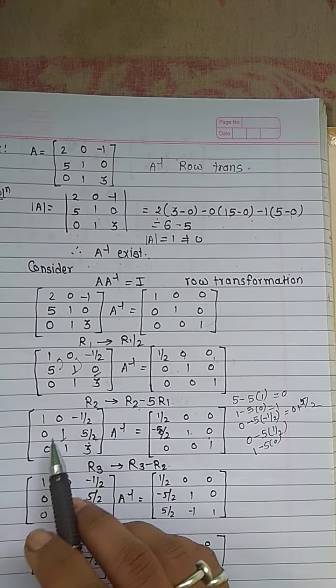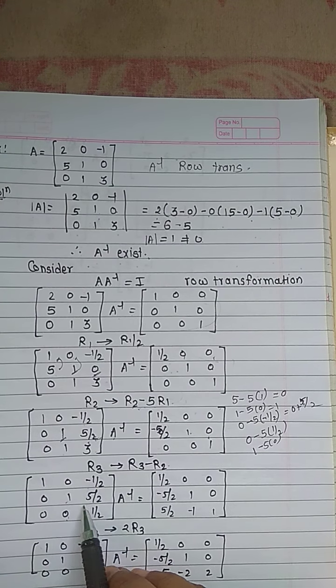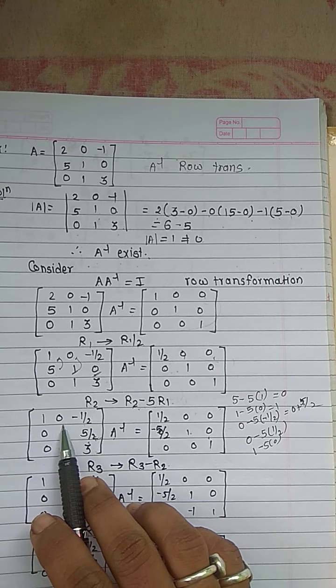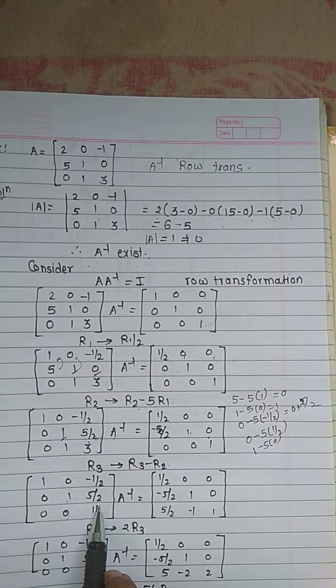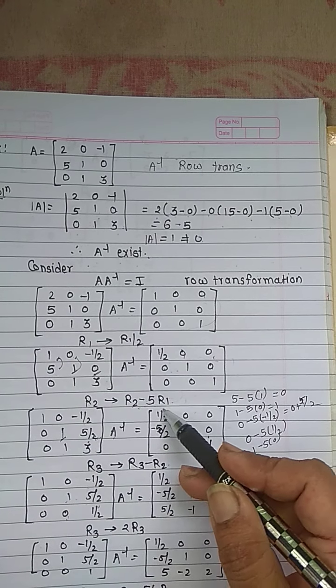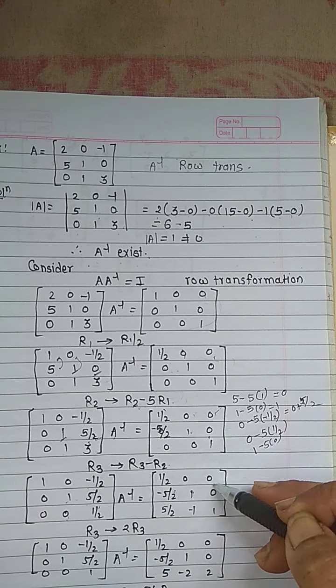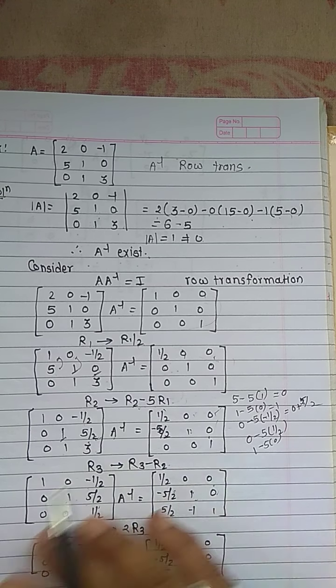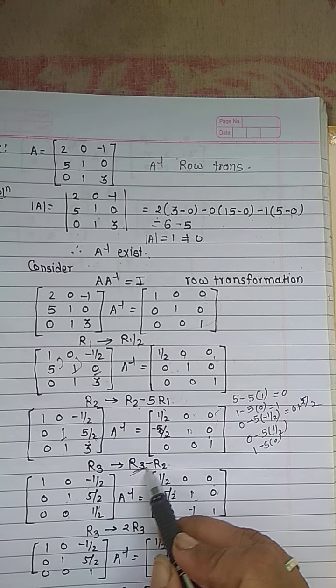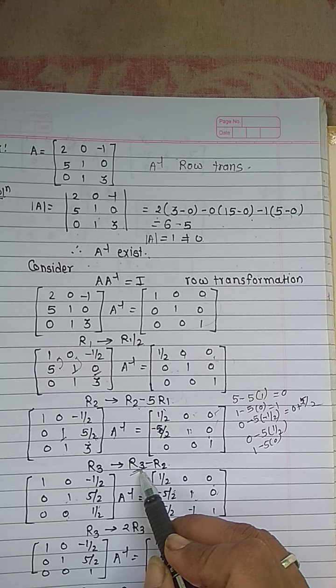The first row and second row elements remain the same: 1 0 minus 1 by 2, 0 1 5 by 2. On this side also 1 by 2, 0 0, and the R2 row elements minus 5 by 2, 1 0 remain the same. Only the R3 elements are changing.